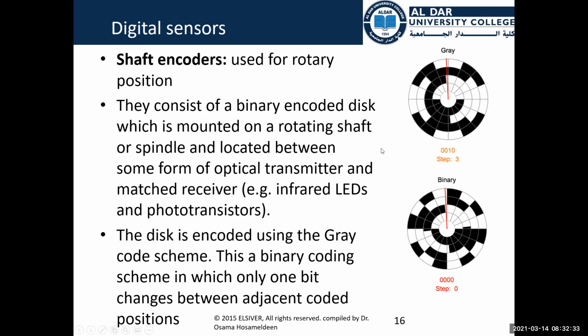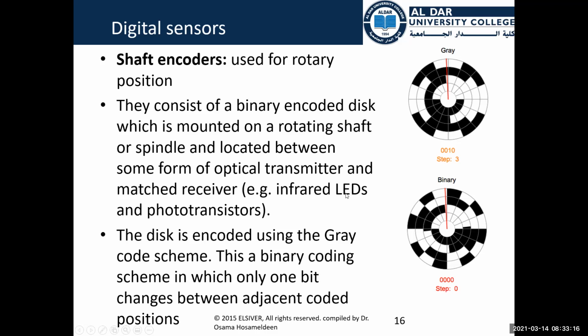Again, the shaft encoders depend on a disk, and this disk contains black places and white places. The disk has two components, one put on one side of the disk and the other on the other side. The first component is the LED, put on the left-hand side of the disk, and the phototransistor is put on the right-hand side.